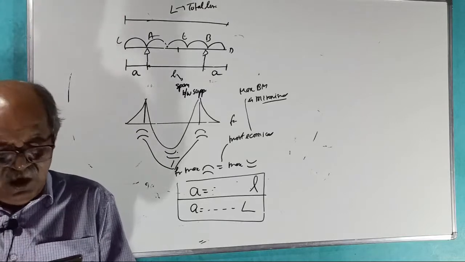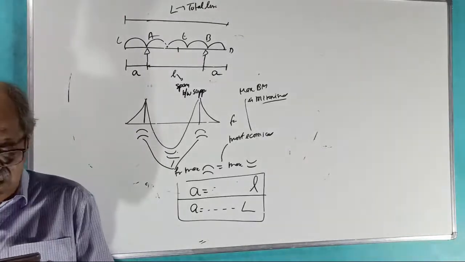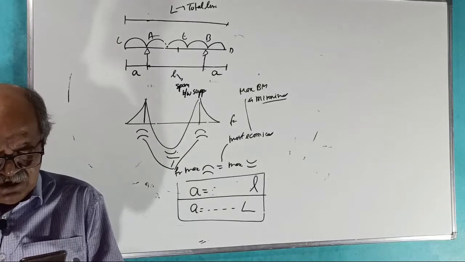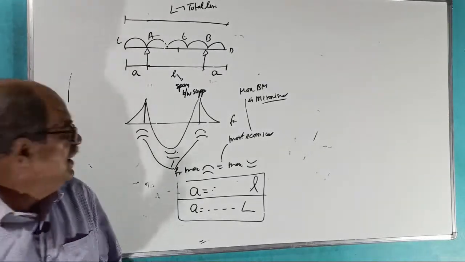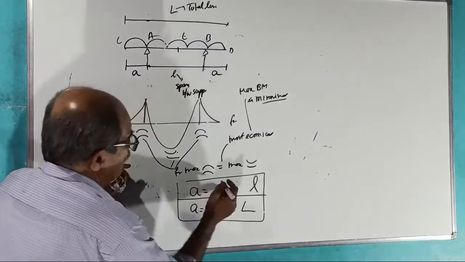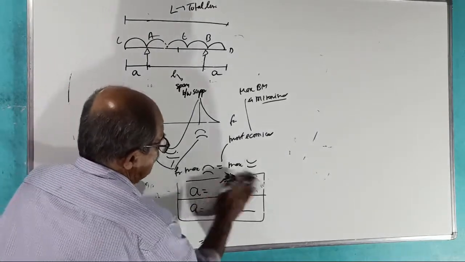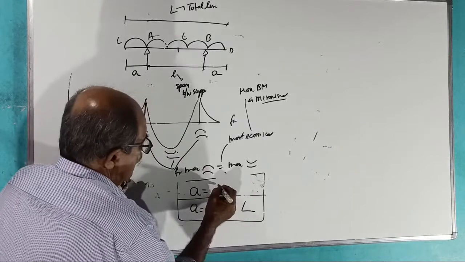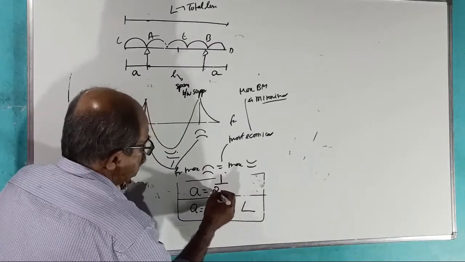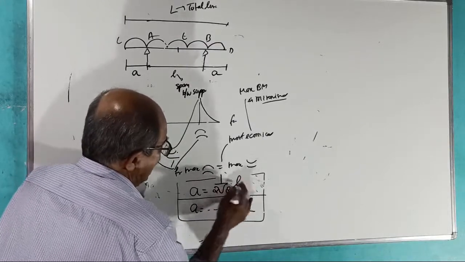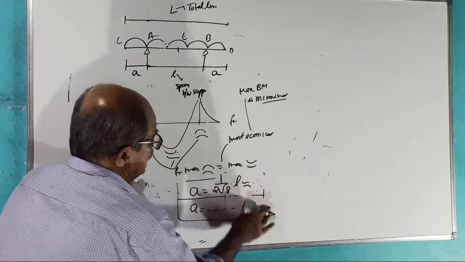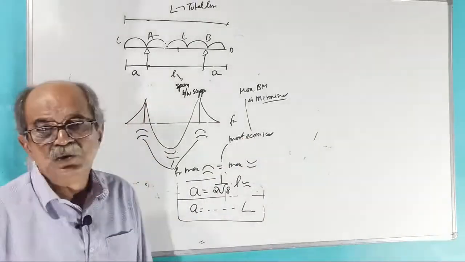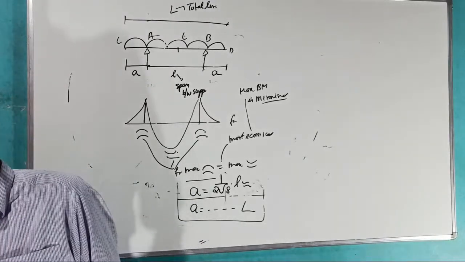No, where did you get it from? Sorry. L by 2 plus root 8. Oh, L by 2 root 8. Okay, sorry, writing problem. A should be 1 by 2 root 8 of L, or tell the answer from a decimal point of view.